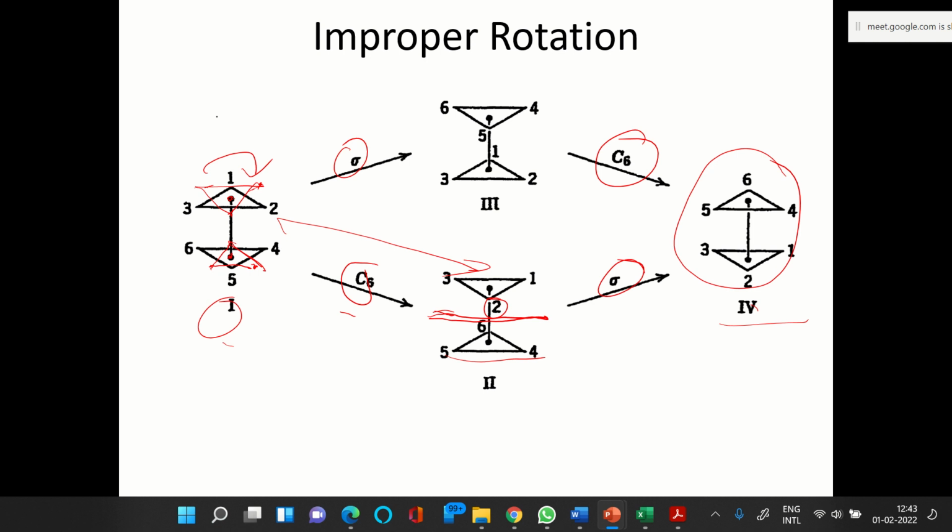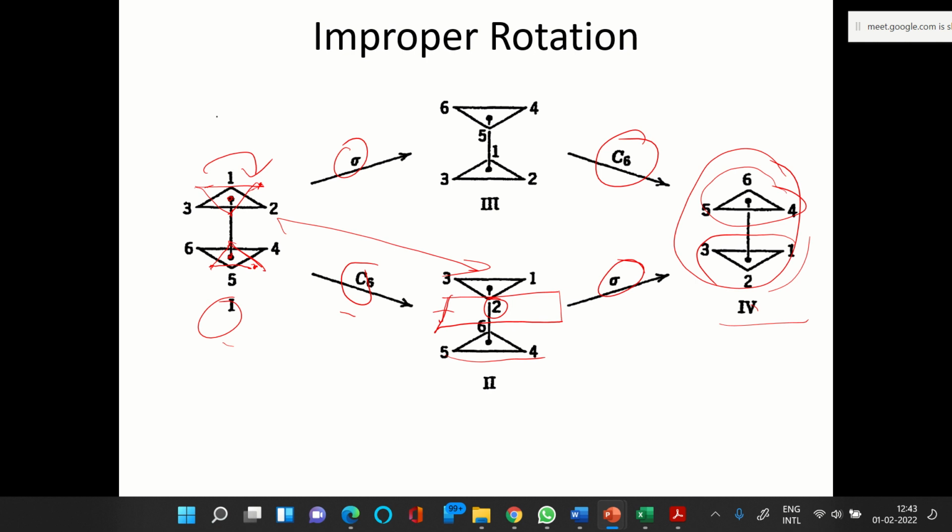Then perpendicular to the rotation axis I can visualize a plane. So putting that plane in the middle, reflection of that. So 4 5 6 will go behind the plane. So this is here 4 5 and 6, and 1 2 3 come in the front.